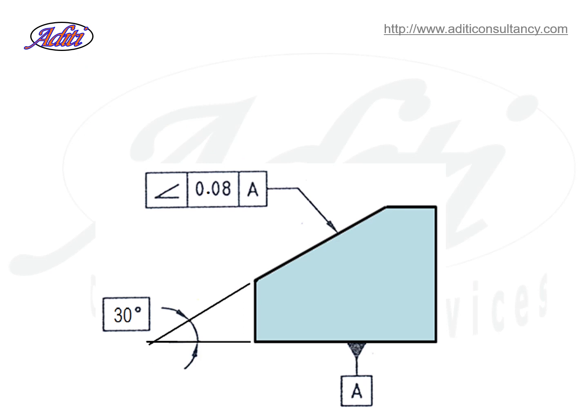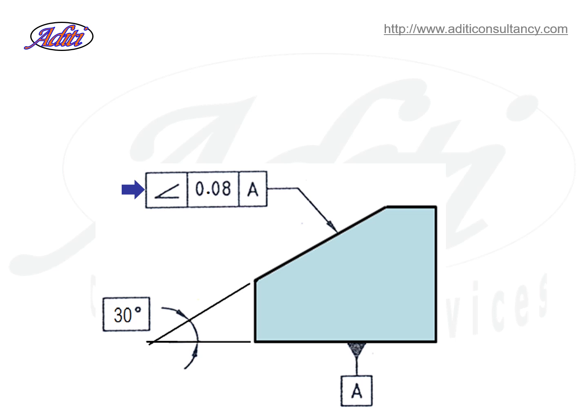If that variation is a very small value, say 80 microns, 50 microns, 10 microns, etc., then you can't control this angle using degrees or minutes. You will have to go for angularity tolerance like this. This variation 0.08 mm, when you convert in terms of minutes, it may be very small value, but this can be measured because it is in mm or inch.